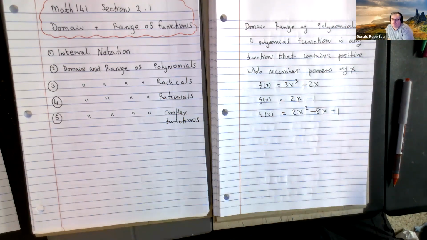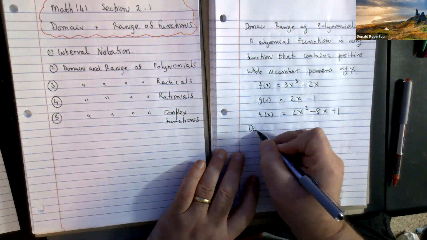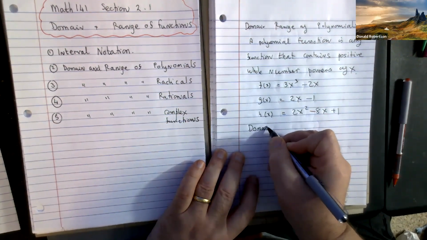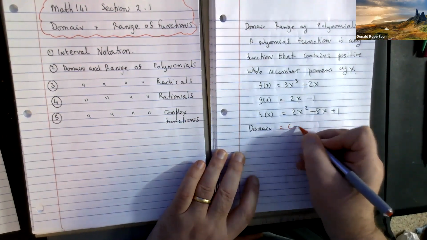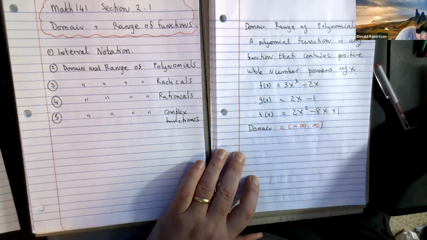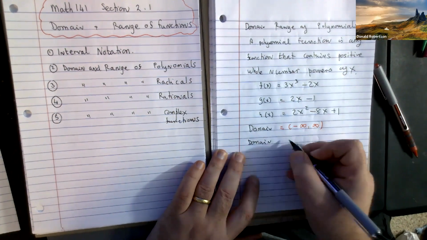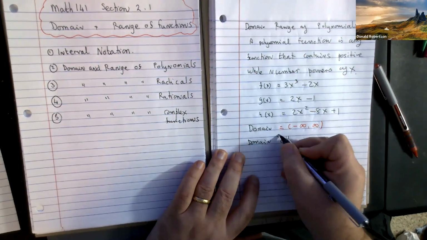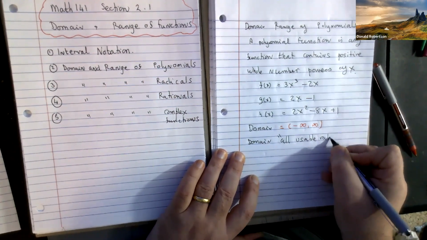Now, if any function looks like this, here is the domain. Unless there's other information to change it, the domain is going to be all real numbers, because the domain of a function, at least, means all usable values of x.